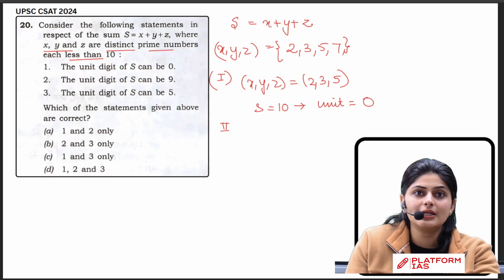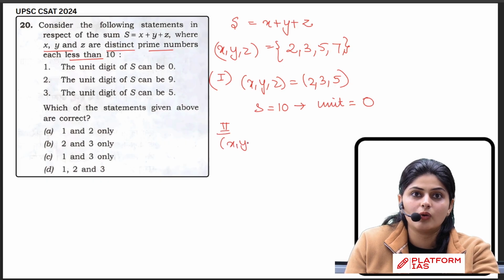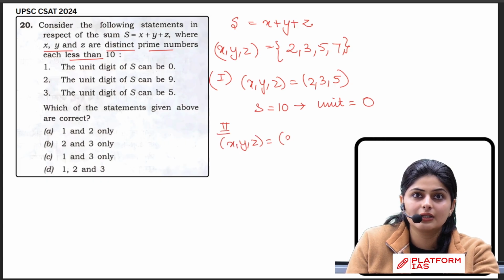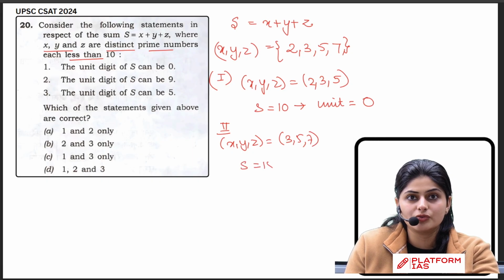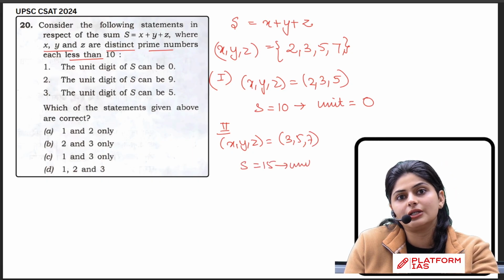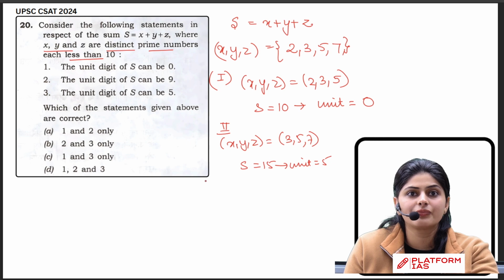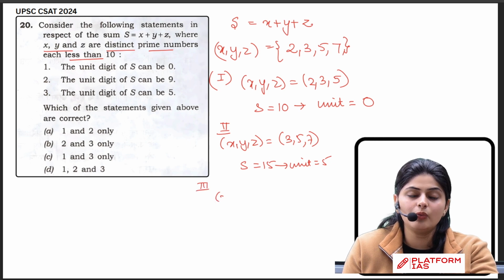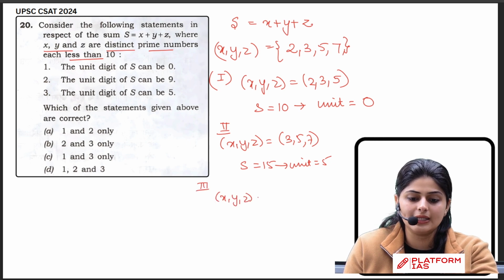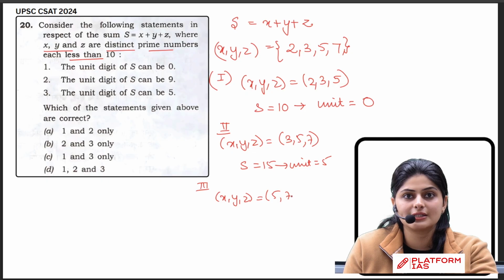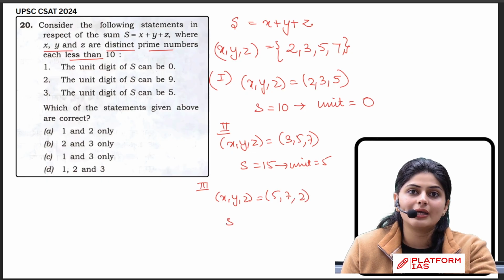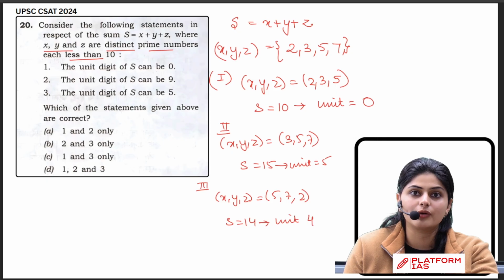Now the second condition is x, y and z are 3, 5 and 7. So here s will be equal to 15 and the unit digit is 5. Now the third case can be when x, y and z are equal to 5, 7 and 2. So s is 14. So the unit digit is 4.